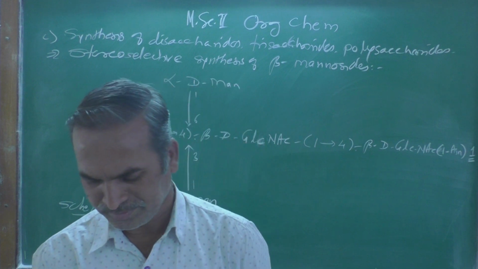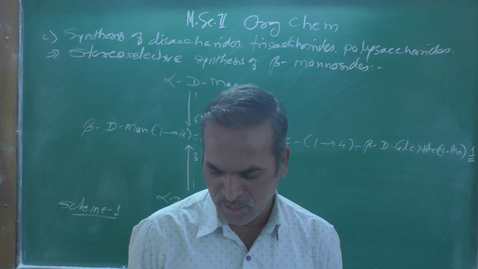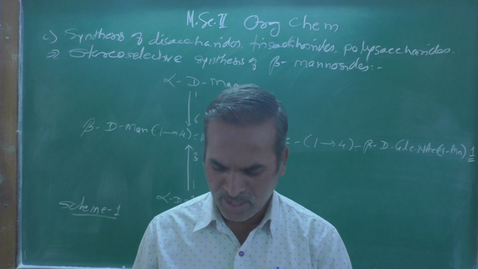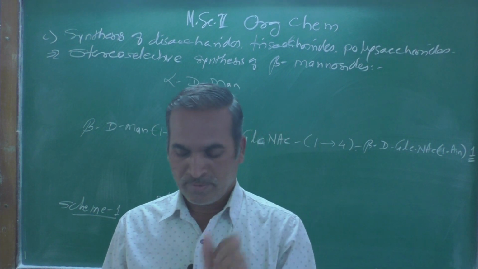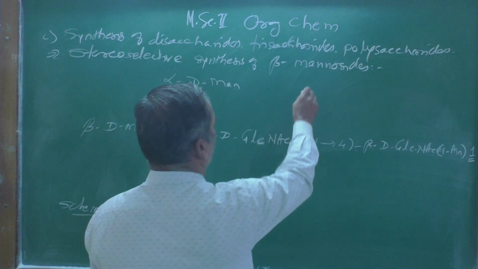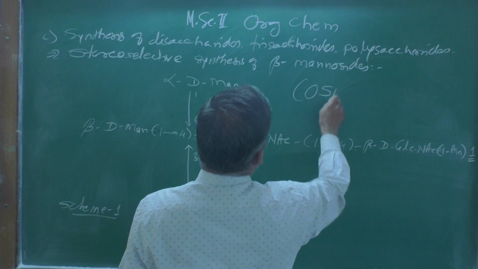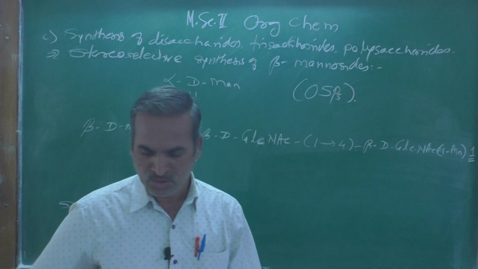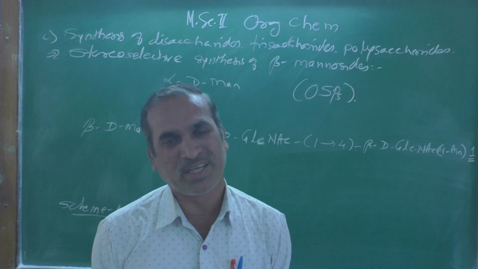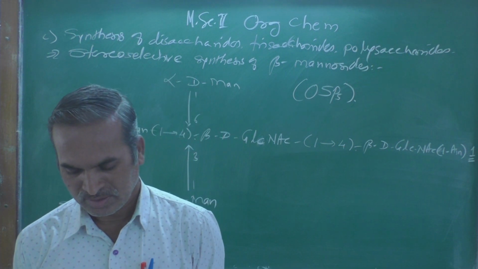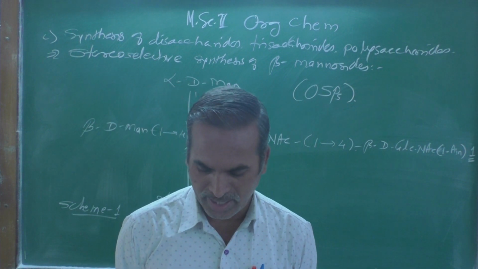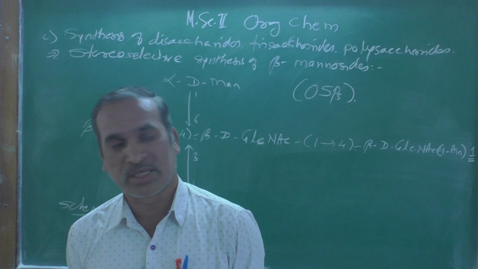So beta-mannopyranose moieties are often part of the O-specific polysaccharides, and in short it is written as OSPS. OSPS means O-specific polysaccharides, OSPS of gram positive.